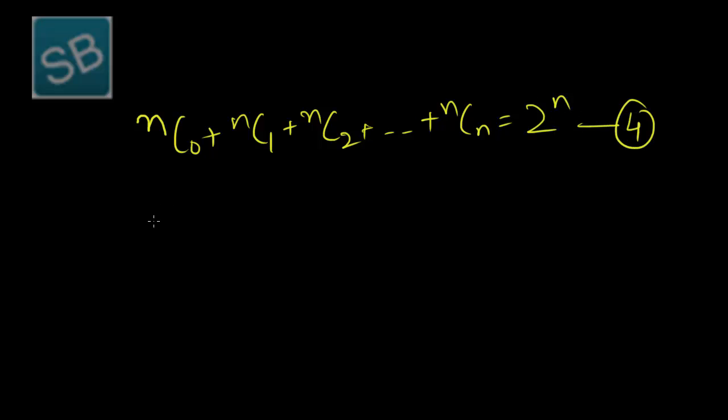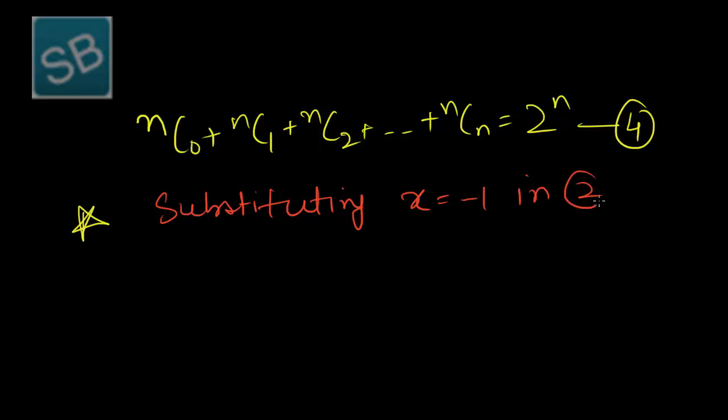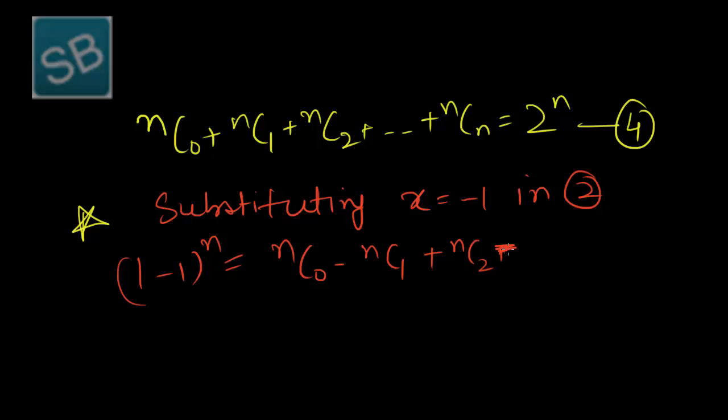So the next one, substituting x = -1 in number 2. So we will get (1 - 1)^n = nC0 - nC1 + nC2 - nC3 + and so on, + (-1)^n nCn.